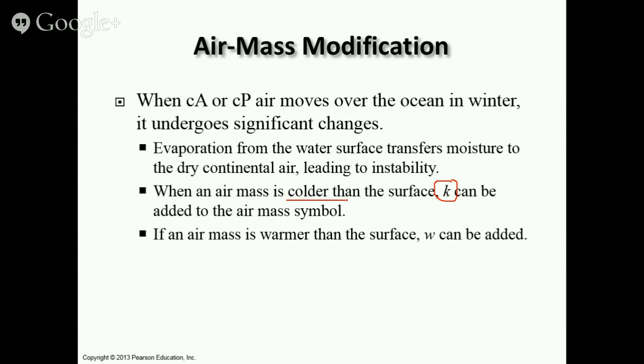That tells us a little bit about the temperature difference, and that can be useful in some fog bank anticipations. If the air mass is warmer than the surface, we're going to add a W. The W is intuitively connected to warmer. K is not intuitively connected to colder.